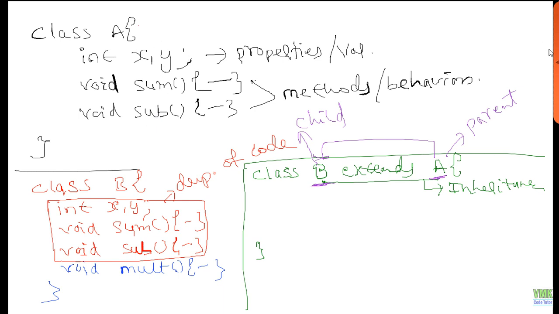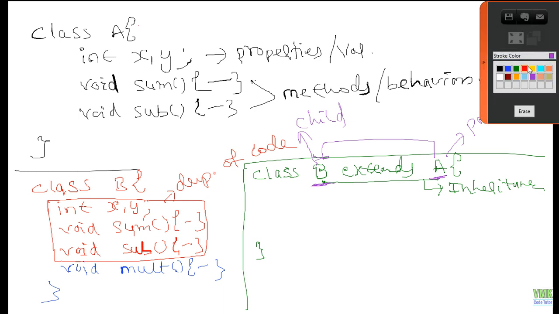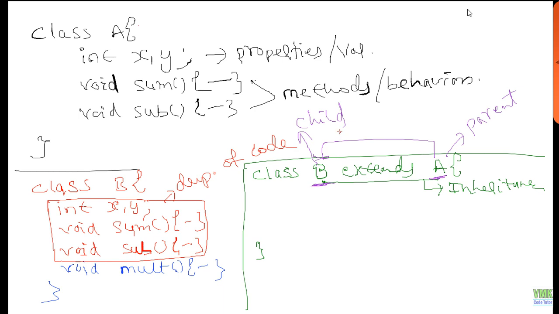So x is added here, y is added, sum, as well as subtraction. And only the multiplication method code we need to write, that's it.